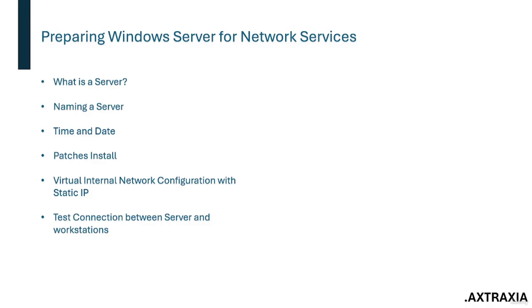So we'd have to understand what all that is about. Once we have that understood, we can set up some configs and do some test connections between servers and workstations. So let's take these one by one and understand what I'm trying to say here, from a learning point of view, and how you can answer questions about these specific features whenever you're in an interview.